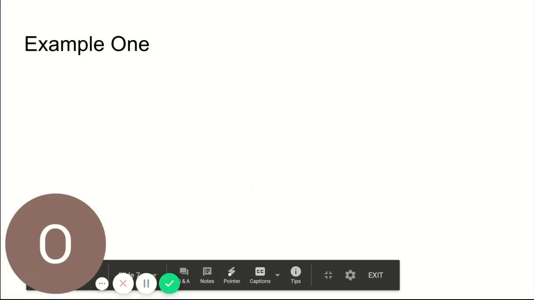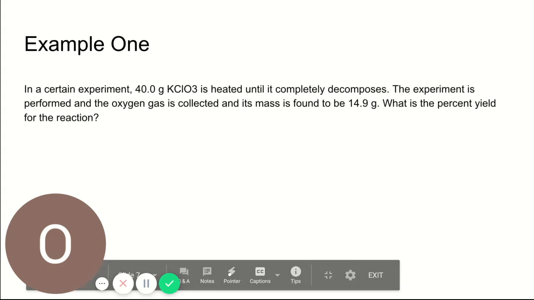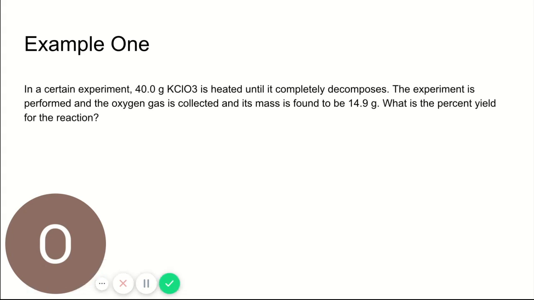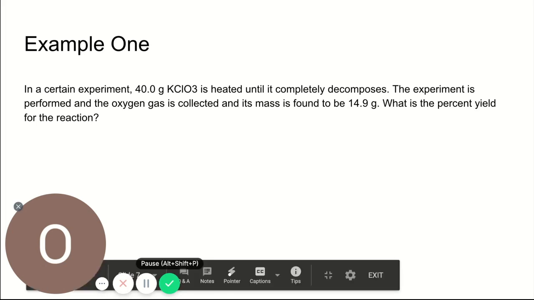Here's another example. In a certain experiment, 40 grams of potassium chlorate is heated until it completely decomposes. The experiment is performed and the oxygen gas is collected and its mass is found to be 14.9 grams. What is the percent yield for the reaction?